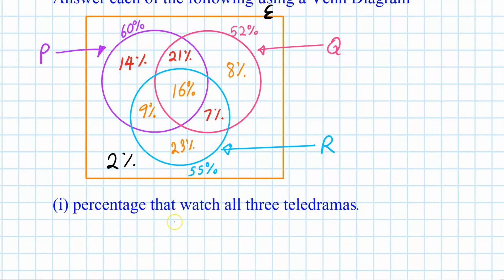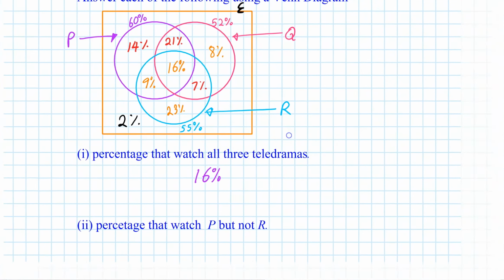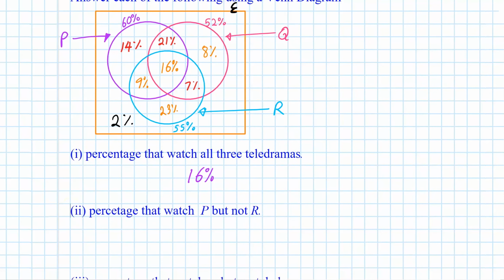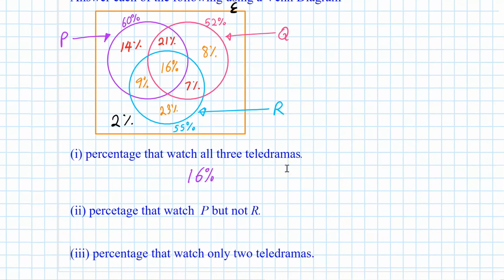Okay, percentage that watch all 3 teledramas. All 3 just in the middle area here. 16%. We got that through. Nice work. And we can have a look at this one. The percentage that watch P but not R. In P but not in R. That means in the purple but not in the light blue area.